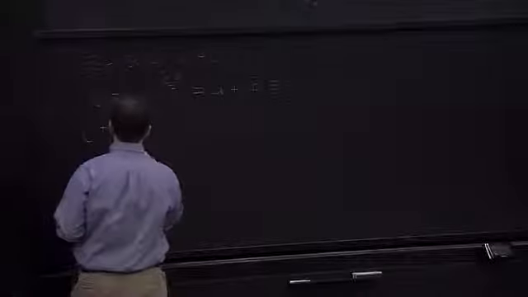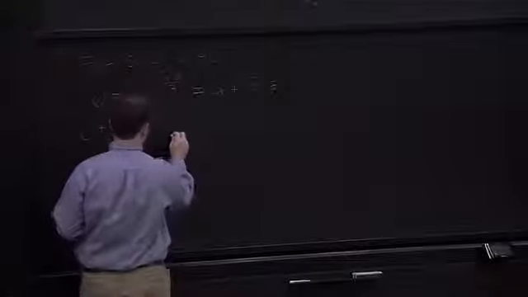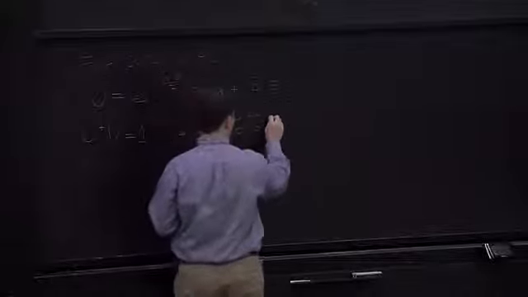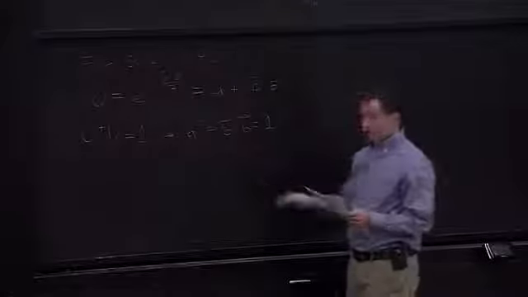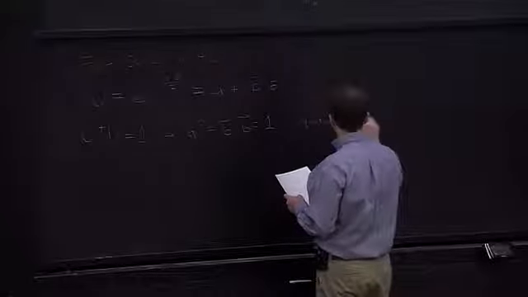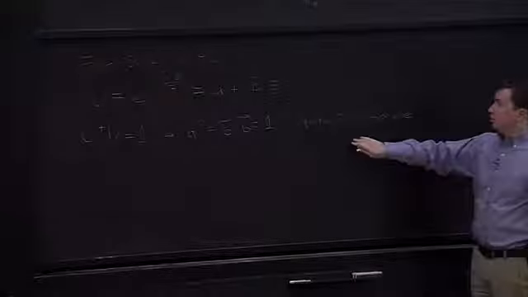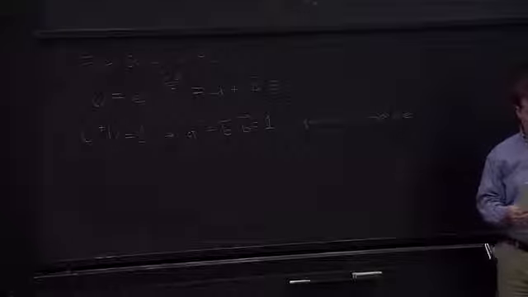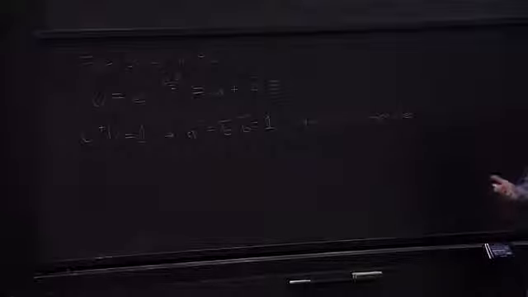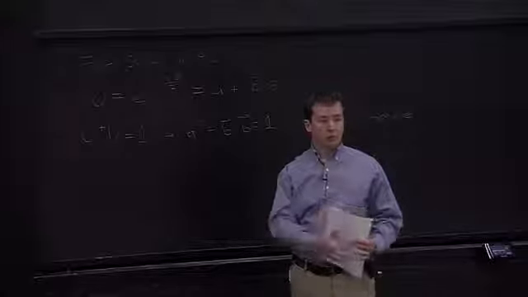And if this is unitary, then we have U dagger U is 1, which tells us that a squared plus b dot b is 1, which is precisely the equation for a 3-sphere. So SU(2) is equivalent to a 3-sphere.